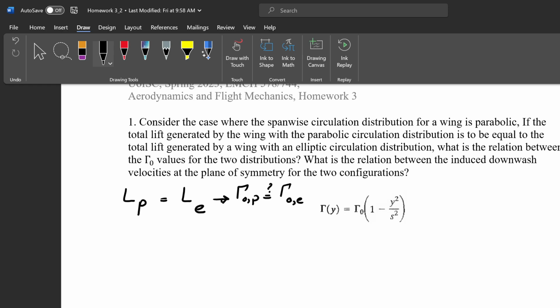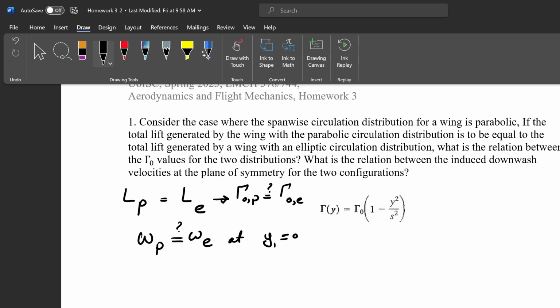And if you recall, we actually use w. So w of parabolic, what is the relationship between the w of parabolic and w of elliptic? At the plane of symmetry, so at y equals 0.